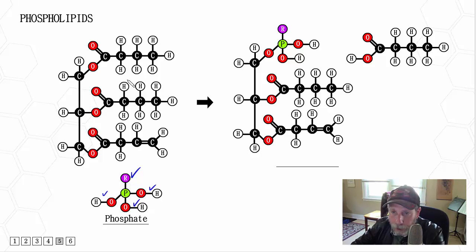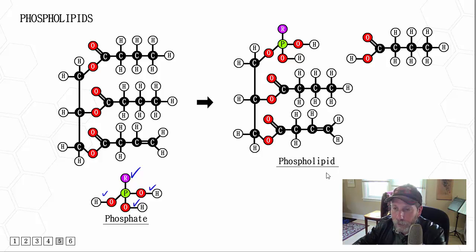So how do we go from a triglyceride to the product, which is phospholipid? And by the way, I'm not including any waters that might have to be used or released in this reaction. It is actually a bit more complicated. So this is our phospholipid, and as you can see, the phosphate group is attached right up here where this fatty acid was, and the fatty acid is over there.